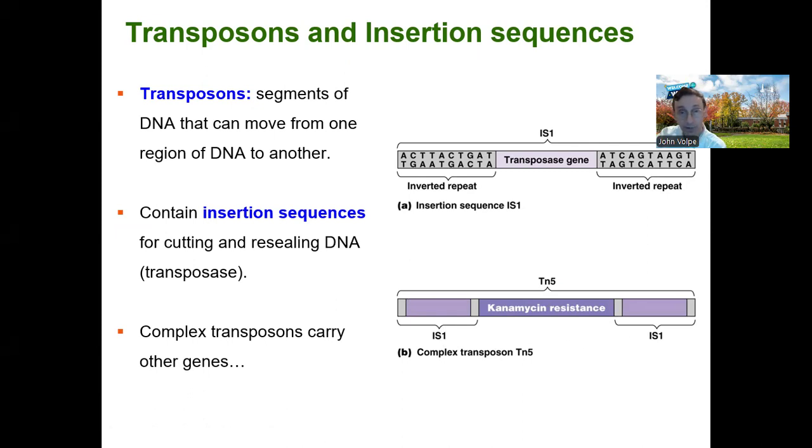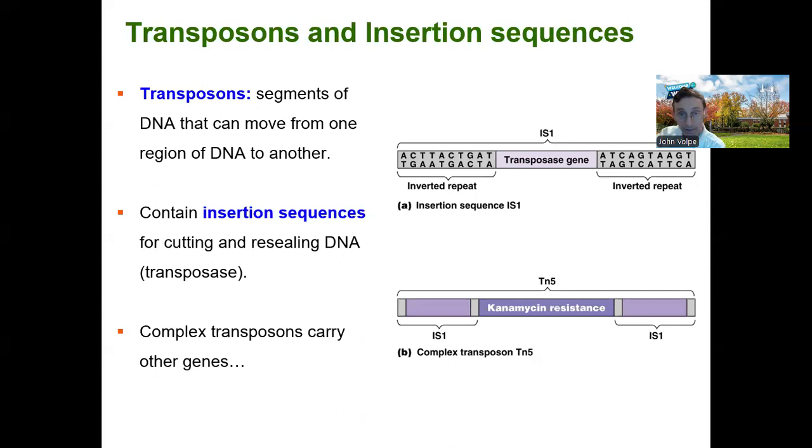This is important because you can have the kanamycin resistance gene moving around in the cell. If the kanamycin resistance gene is in the chromosome, it can then move into a plasmid. And plasmids are more likely to be shared between cells than the chromosomal DNA.